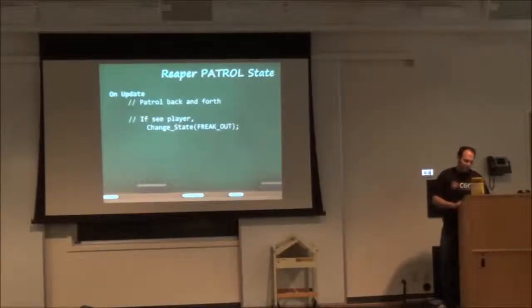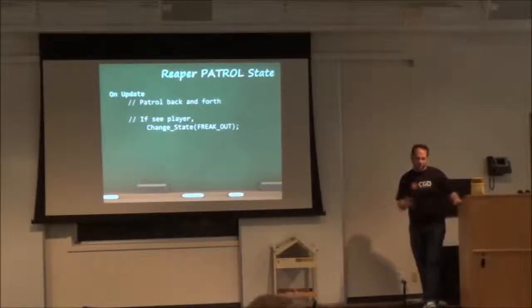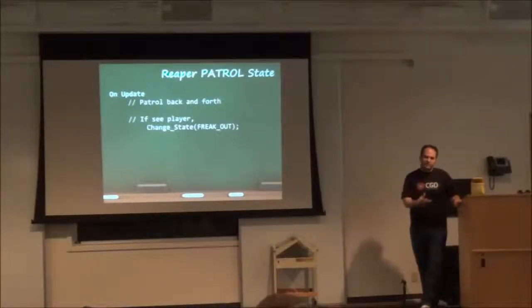To show you what the code would look like, you have some code for patrolling back and forth. I'm not going to bother with the details. Here's a good chance where you make your state machines so they can be separated from your game, and you can use them on future projects. The specifics of what it means to patrol back and forth could be functions that look up locations within a certain game.